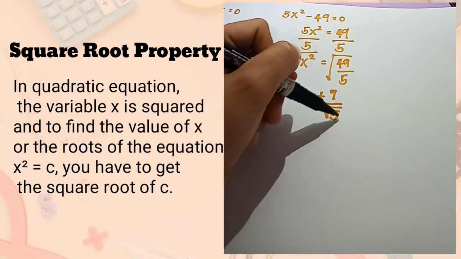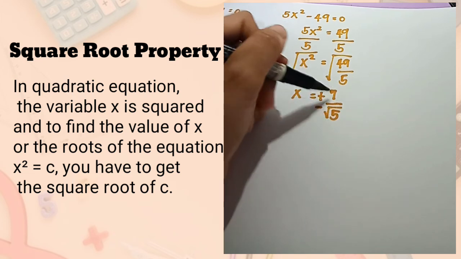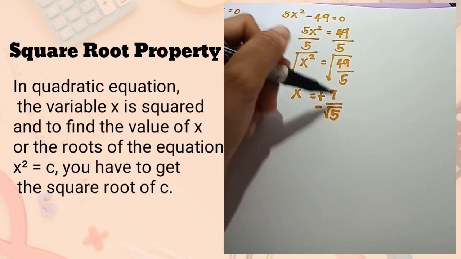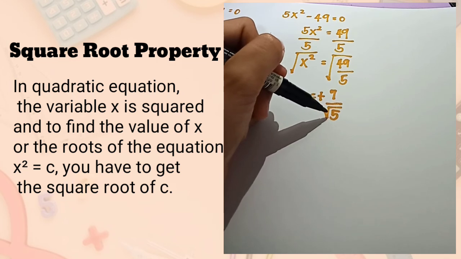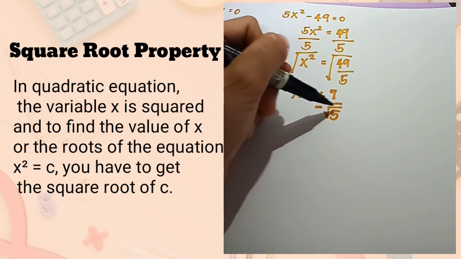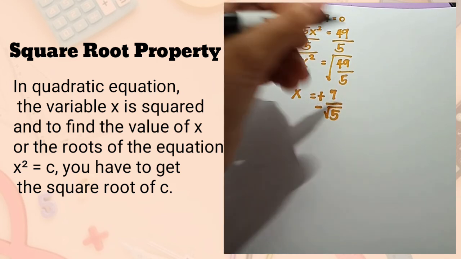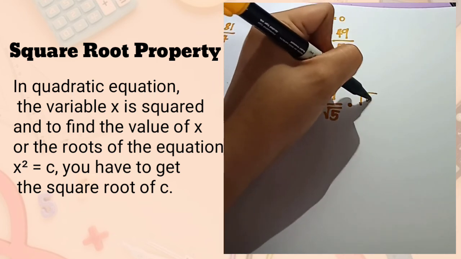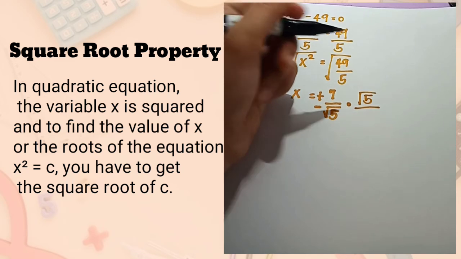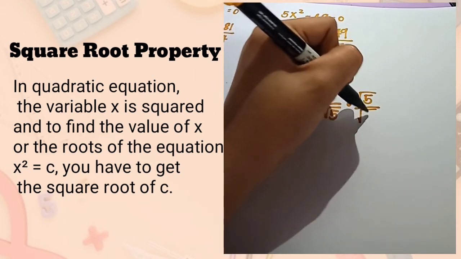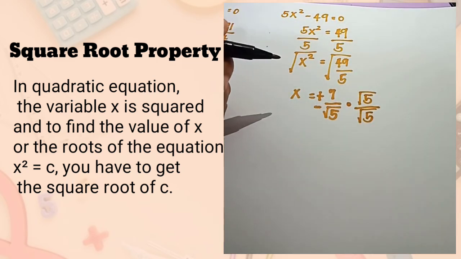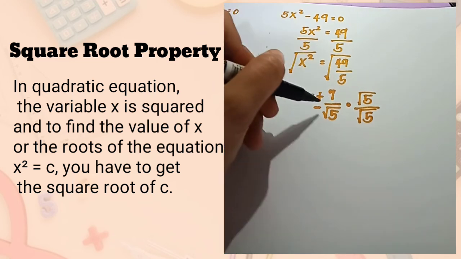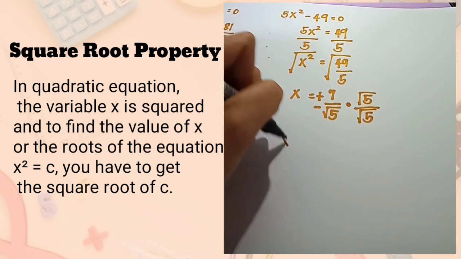So, i-multiply natin yung ating number na nakuha, or ating fraction na nakuha into square root of 5. Okay? So, multiply by square root of 5 as numerator at square root of 5 as denominator. Okay? So, ayan.